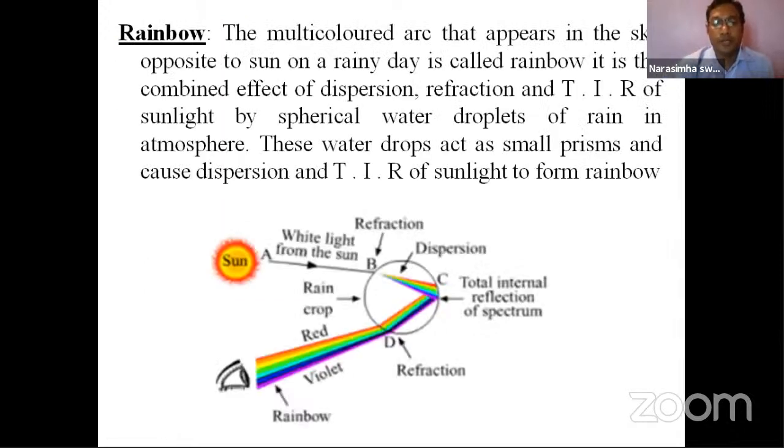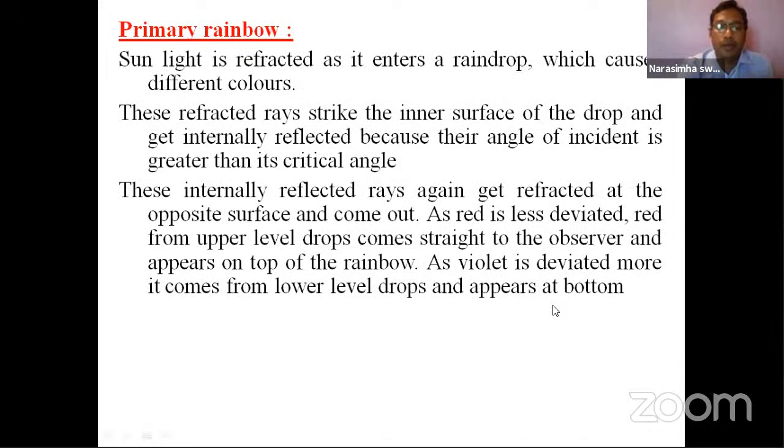One dispersion, one total internal reflection, and two refractions. Here at point B, one refraction takes place, and here at point D, another refraction takes place. Here dispersion takes place, and at point C, total internal reflection. Keeping that in mind, we'll go for the classification of rainbows.